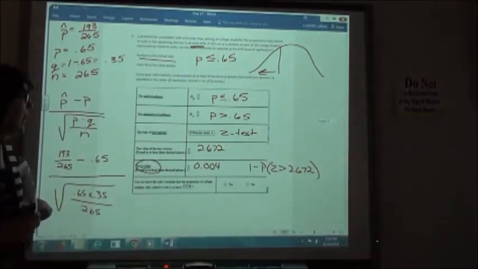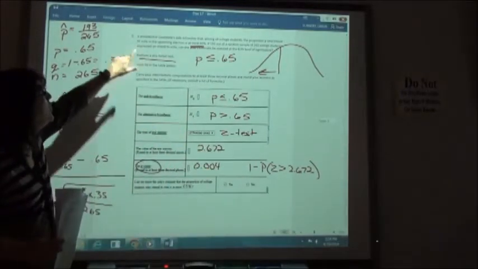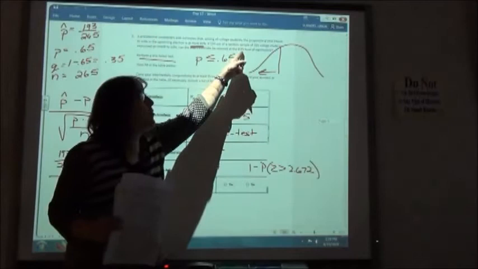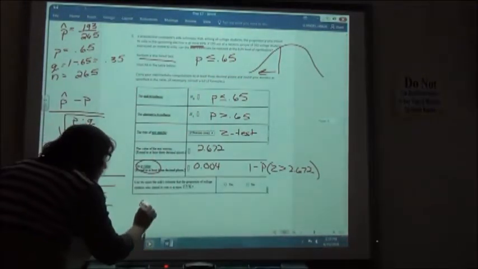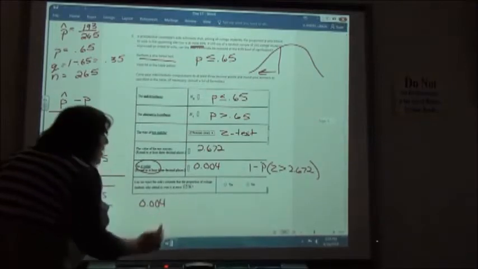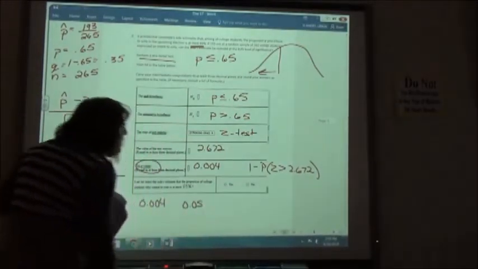0.004. Again, this is a percentage. We're comparing this percentage to the critical value. Here's the critical value. So, if I have 0.004, is that less than or greater than the 0.05 that I'm testing?